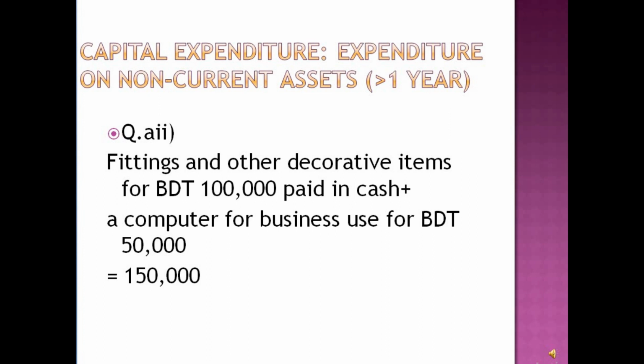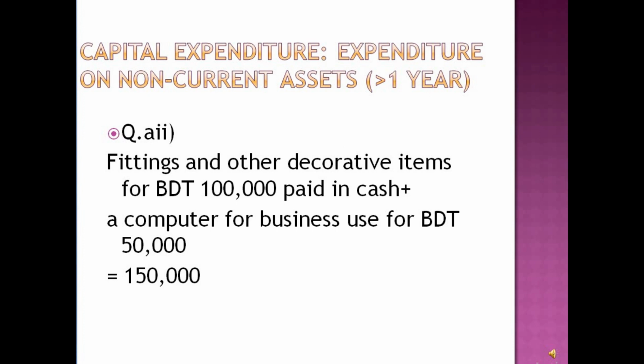Thus, in this question, we will be only counting the fittings and other decorative items that the business purchased, and a computer that the business purchased for its own use. Thus, we get a total capital expenditure of 100,000 plus 50,000 equivalent to 150,000.